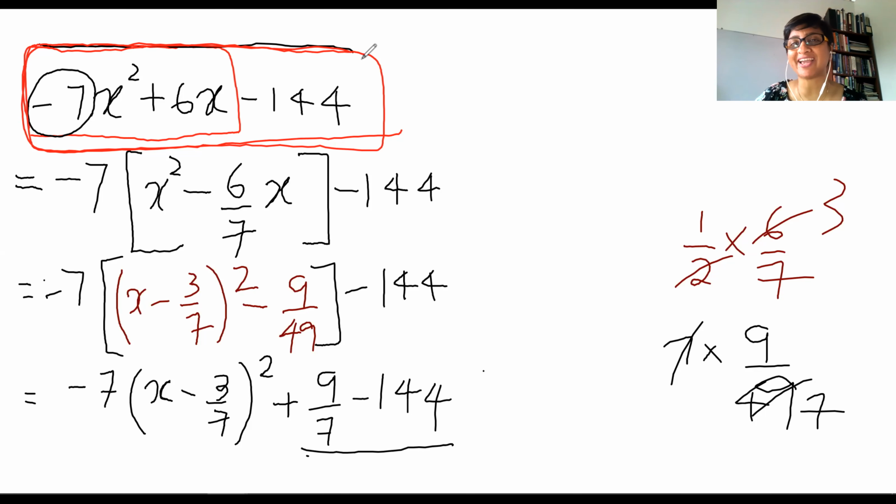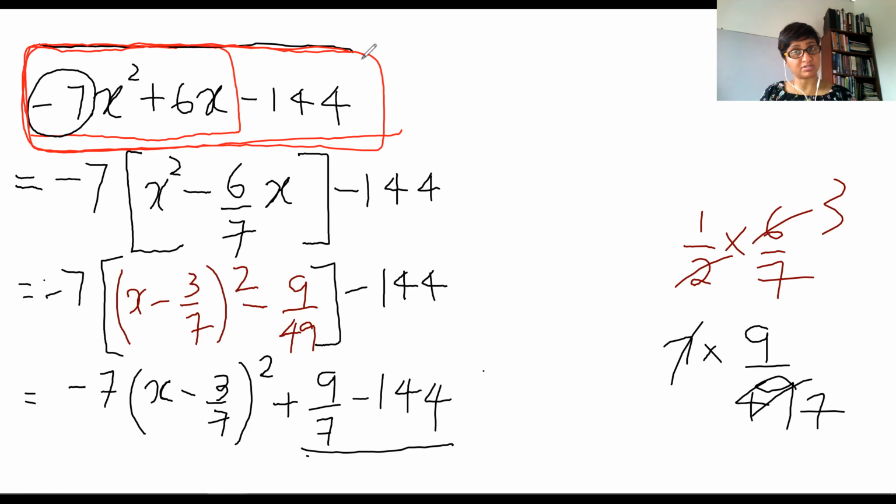You will see why when we discuss what information about the quadratic we can extract out of this form. When you put the 7 back, it's difficult to take that information out.